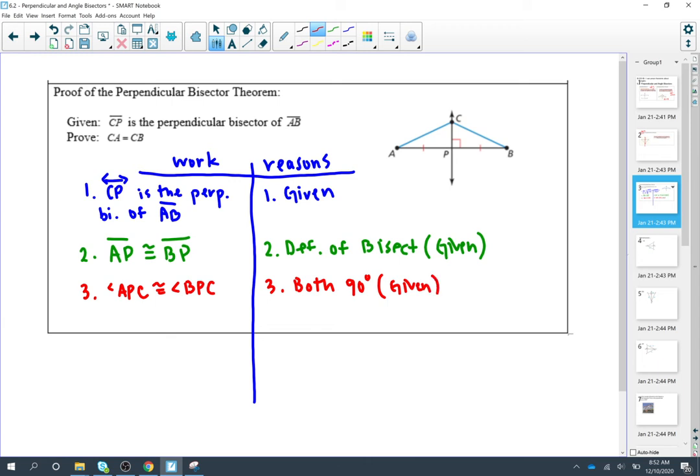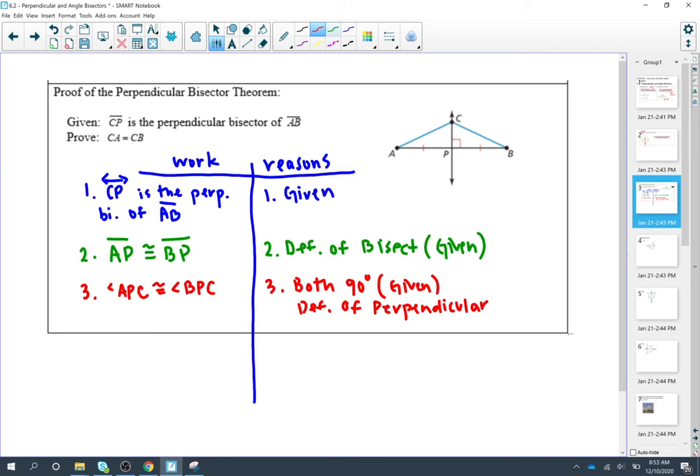And even more specific, we could say definition of perpendicular. If it's perpendicular, then it's going to intersect at a 90-degree angle. So right now I have a side and an angle that are congruent.